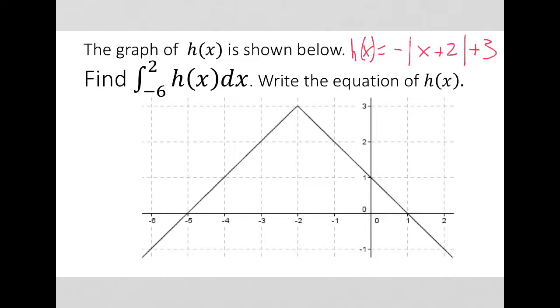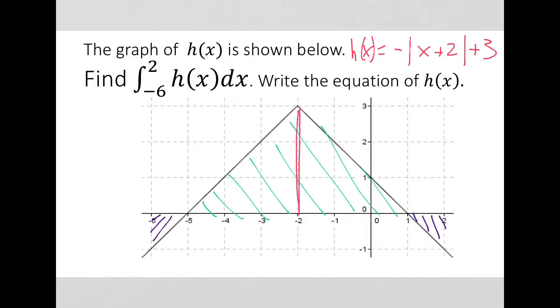And now we're finding the integral from -6 to positive 2. And so recognize that we have these two negative areas right there underneath the graph, between the graph and the x-axis. And then we have this entire positive area right there. So let's figure out those individual areas.